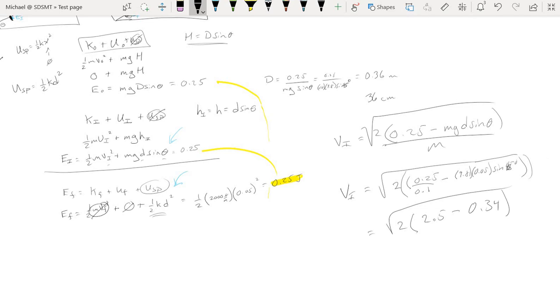So we're going to get something real. I am getting a final velocity of 2.07 meters per second. Okay.